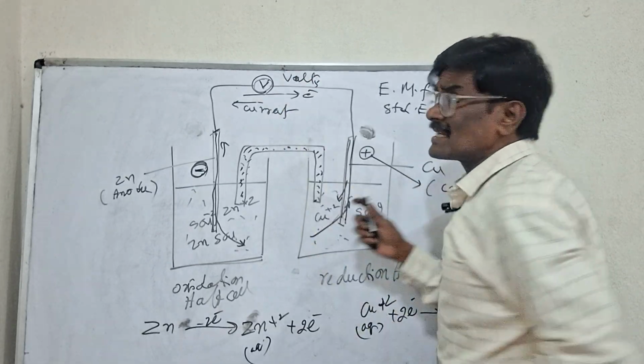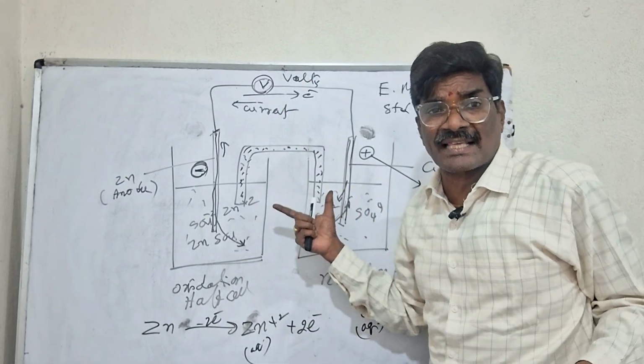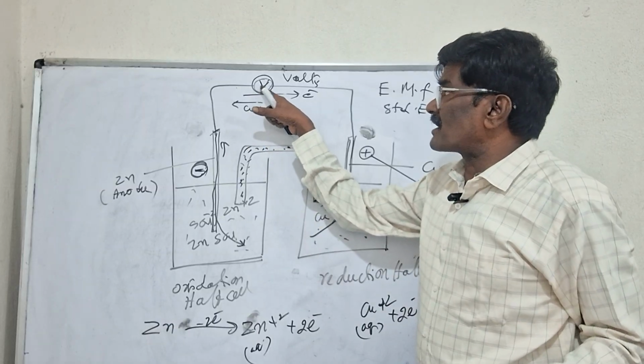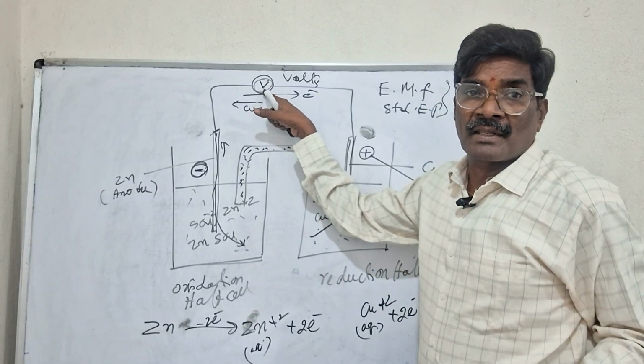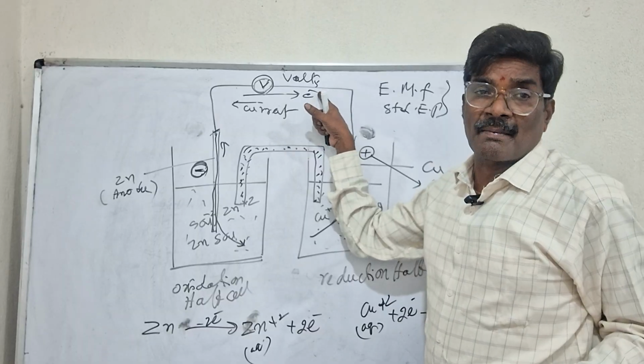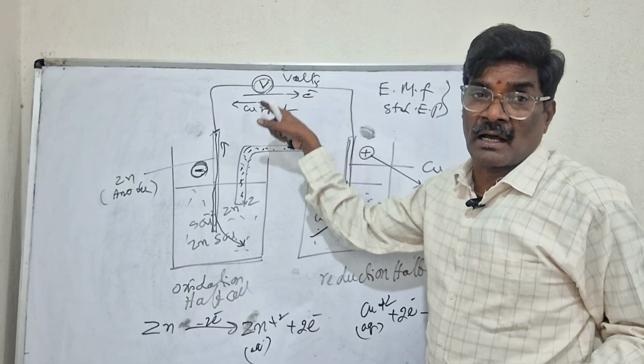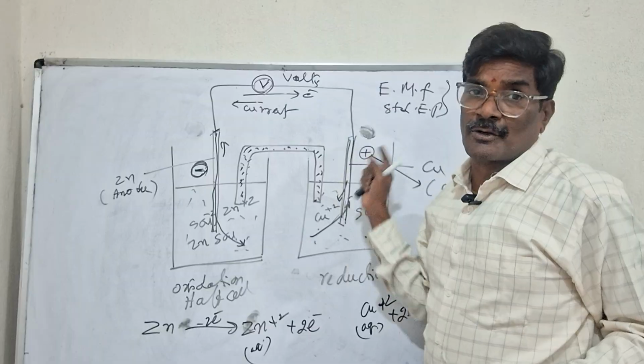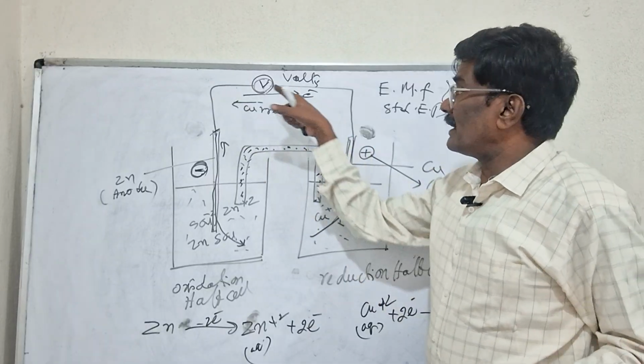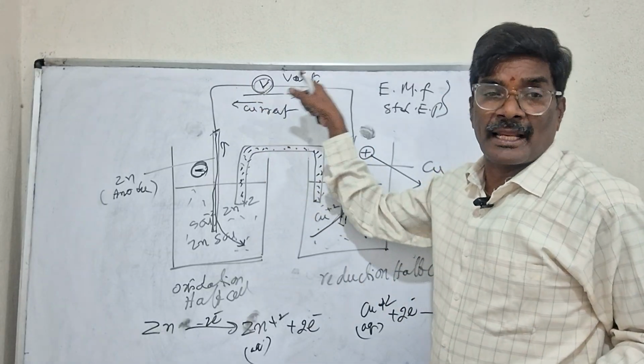How much potential difference occurs between the two half cells, we can measure using the voltmeter. It gives a quantitative measurement of the electricity flowing in the circuit, in volts.